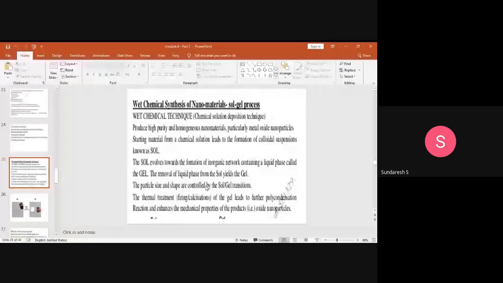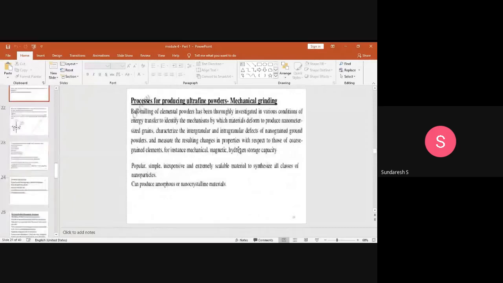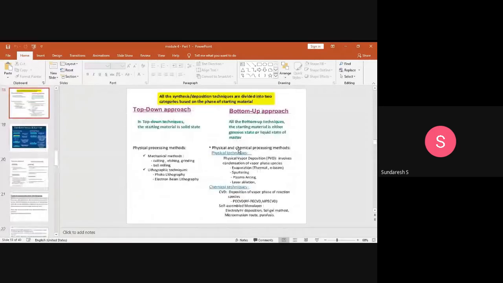Next, the bottom-up approach, where we have wet chemical synthesis of nanomaterials. I think when I discussed the process here, it is the bottom-up approach, the sol gel method, a chemical technique.